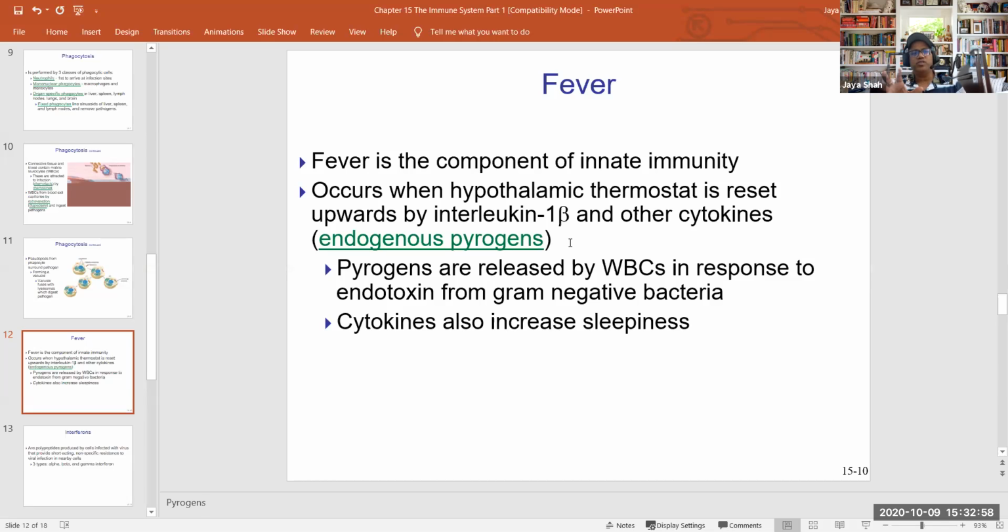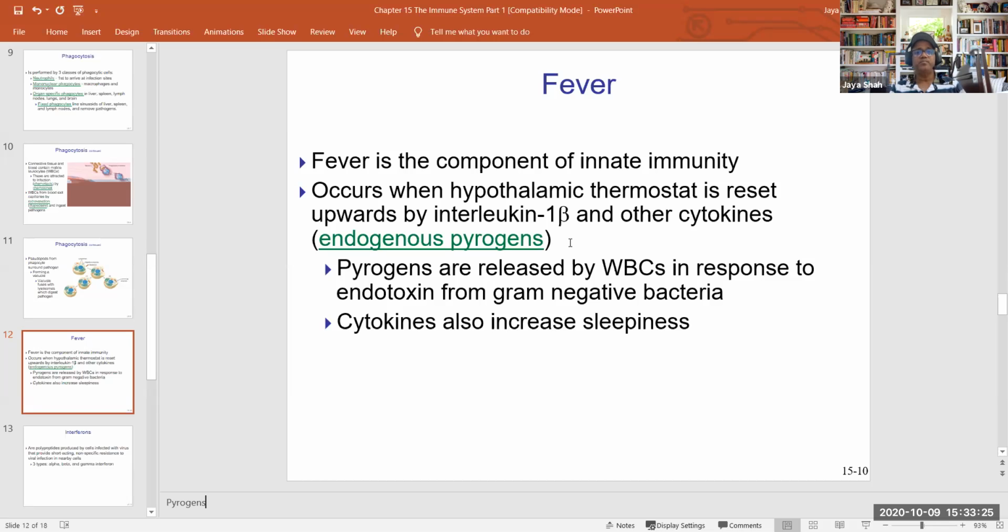These pyrogens keep your hypothalamus up. The hypothalamus is like our thermostat, like we have an air conditioner thermostat in our house. Our body thermostat is the hypothalamus, and the pyrogens set it upward. So it increases your body temperature in hope that it will kill microorganisms.